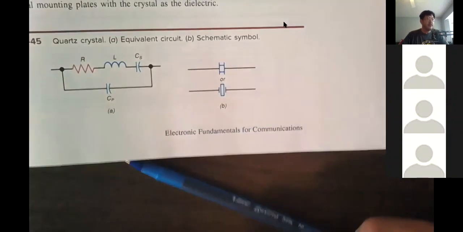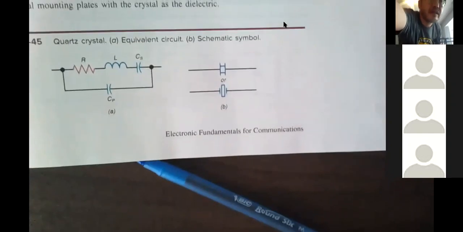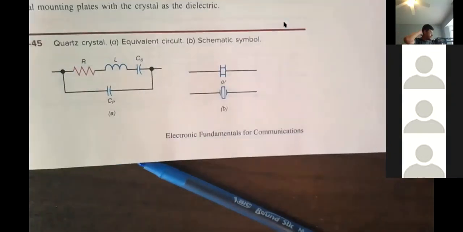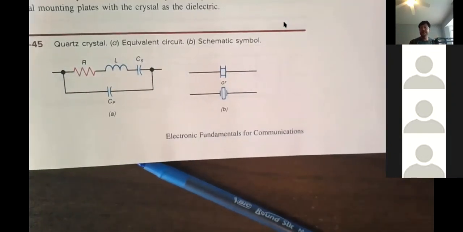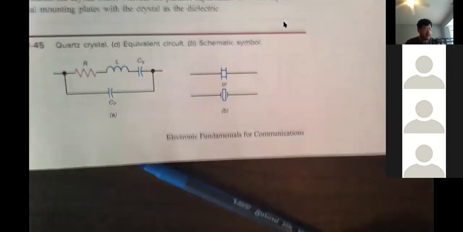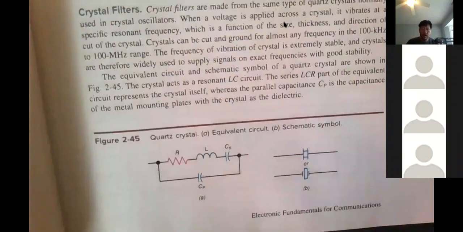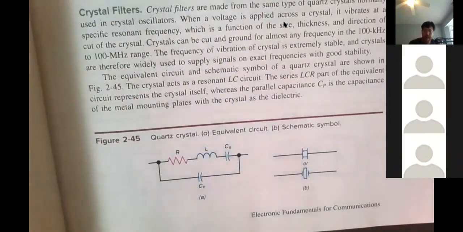If you look at any computer, like a Raspberry Pi, you will find a quartz crystal.